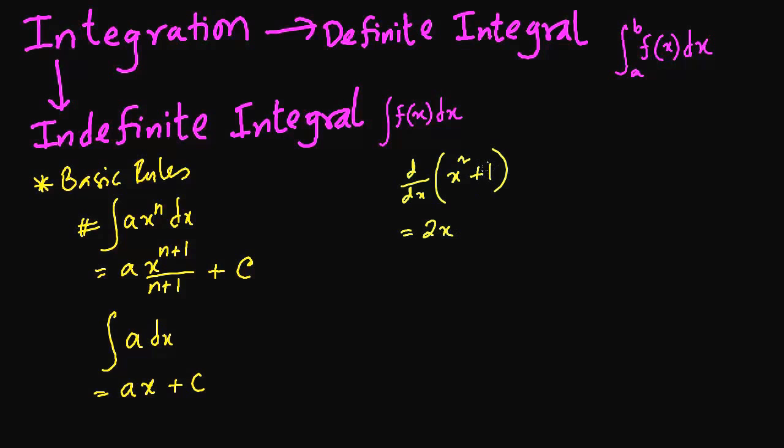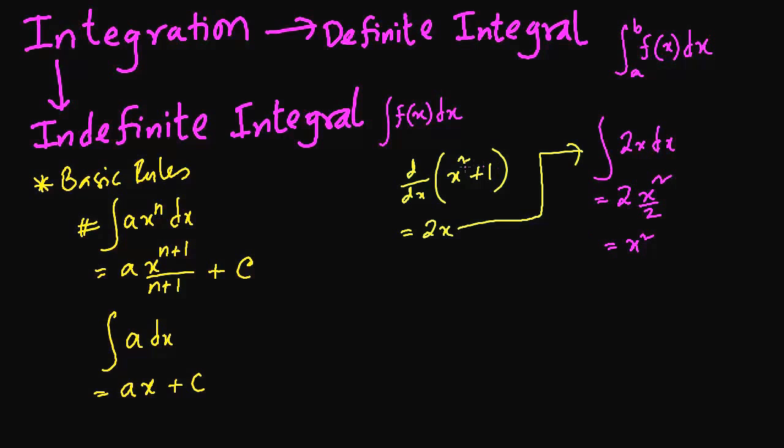The plus 1 is not going to be here because when you differentiate a constant, it becomes 0. Now, if we take this as an integration, meaning the opposite of differentiation, we're supposed to get the original value. So when we integrate twice x dx, the 2 is the constant, it will be here, and x will be x squared by 2. Now this 2 and this 2 cancel and the result is x squared.